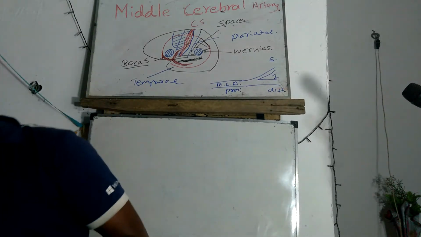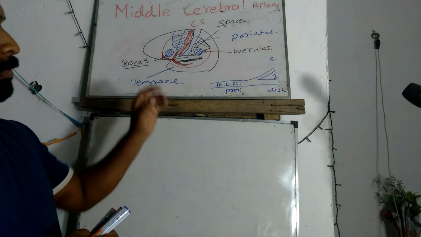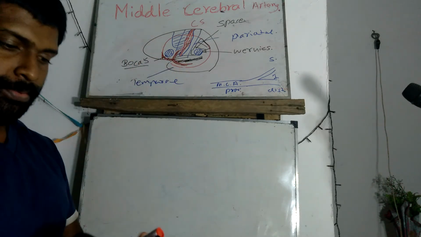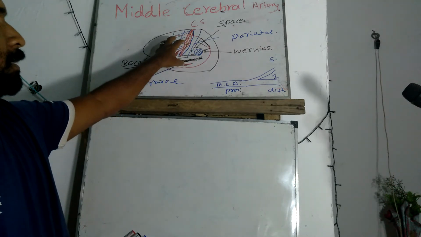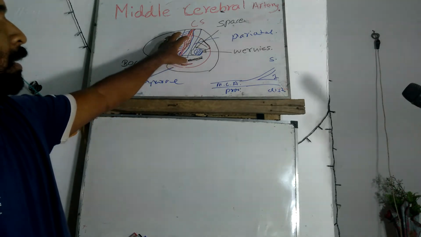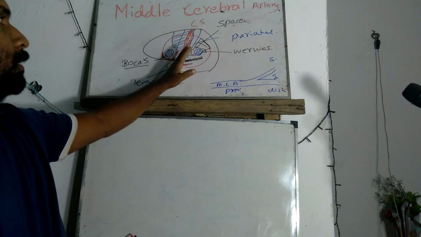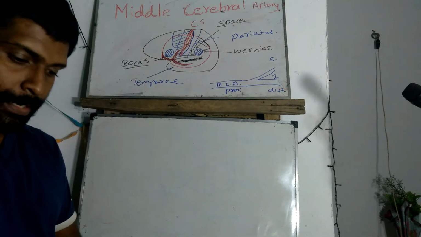Now we are going to discuss some special findings in parietal, temporal, and Broca's area damage.